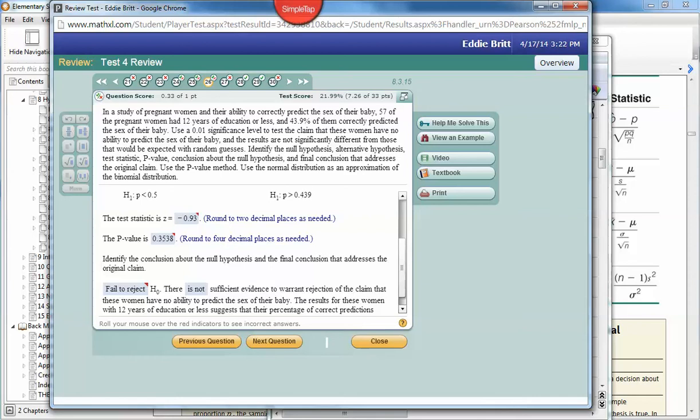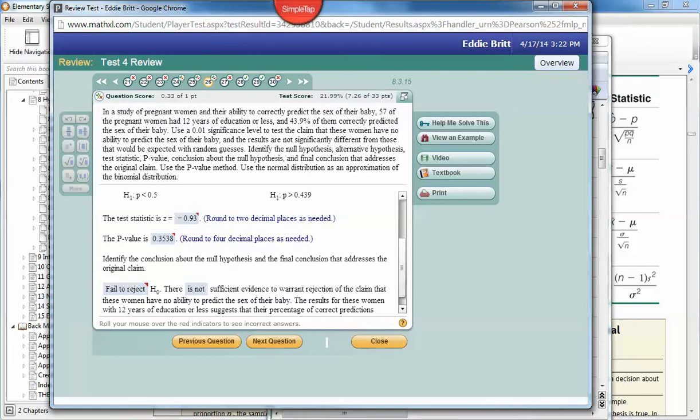All right, p, the population, is going to be the one that we used for our original claim. That's going to be what the whole world would think, that women would probably be able to guess the sex of their baby 1 out of every 2 times, or 50% chance, or 0.5.